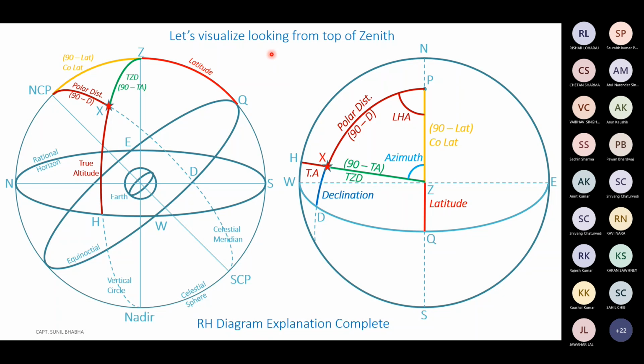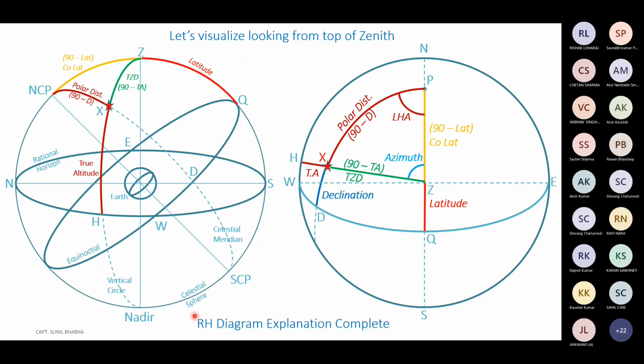So in the questions, you will be using the rational horizon diagram, which is given on the right side of the screen. The diagram on the left side of the screen, which is also called the celestial sphere diagram, is not used as it is much more complicated. So we will not be making the celestial sphere diagram now.